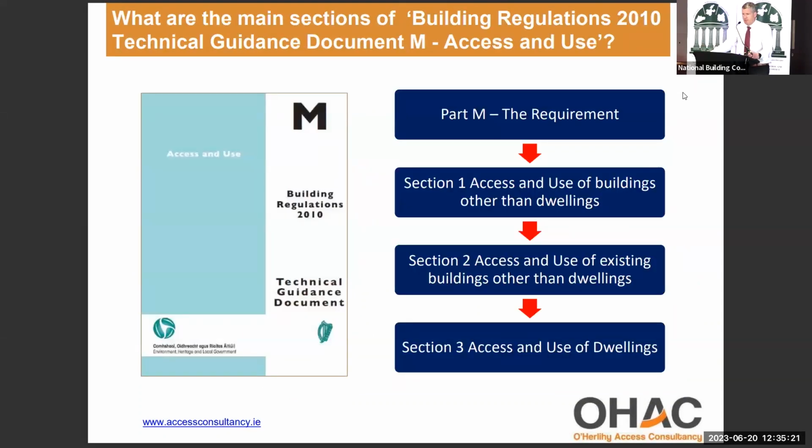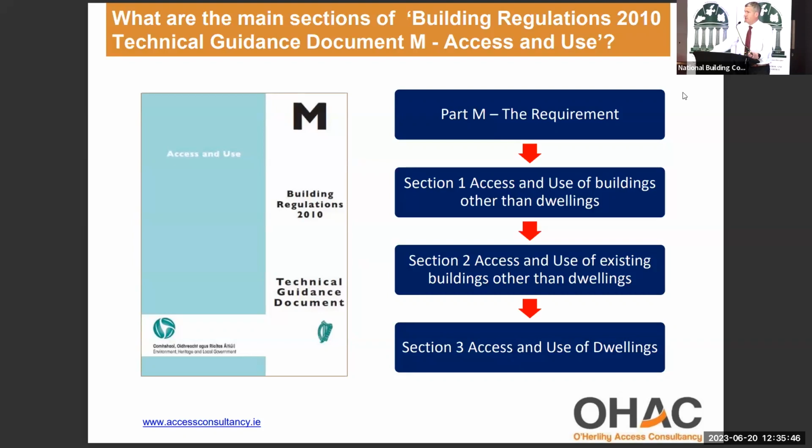As you're all aware, the technical guidance document is broken into four main parts. As Martin has referenced earlier on, whether it's a new or existing building, you always must try and achieve the guidelines in Section 1 of TGD M. However, it may not be practicable in all situations to meet the guidance in Section 1 for existing buildings, and there's a less onerous set of guidelines in Section 2 of the technical guidance document.